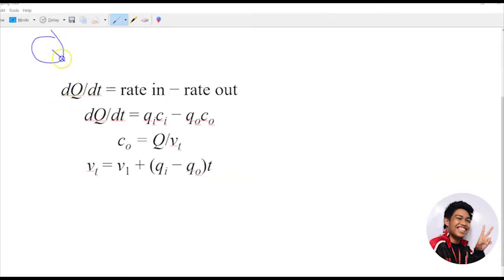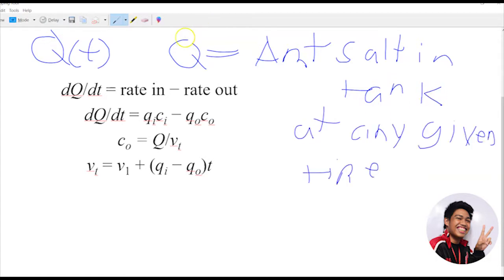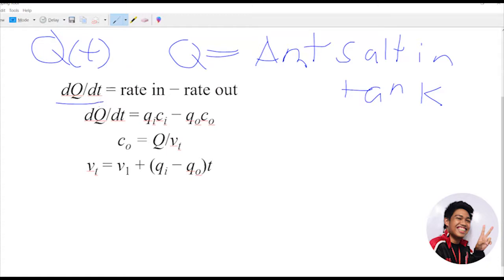Let's say Q is a function of time, which models the amount of salt in the tank. Getting its derivative will give us the change in salt with respect to time, which is equal to the rate in minus the rate out.